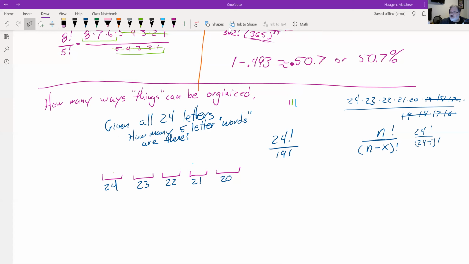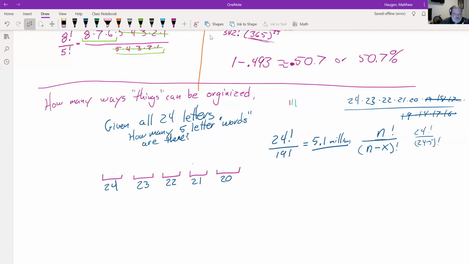So 24 factorial divided by 19 factorial. Okay. There are 5.1 million different 5-letter combinations.